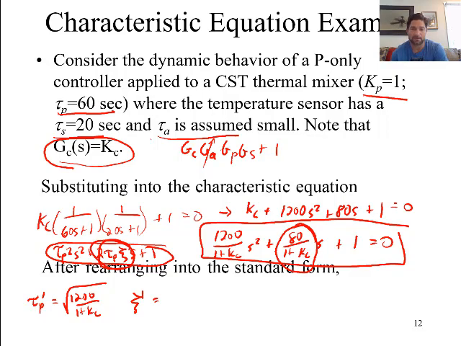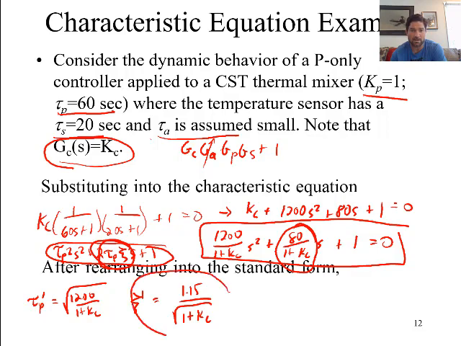I'll be calculating zeta prime from this. If you do the math and solve for zeta prime, it's going to be 1.5 over the square root of 1 plus kc.